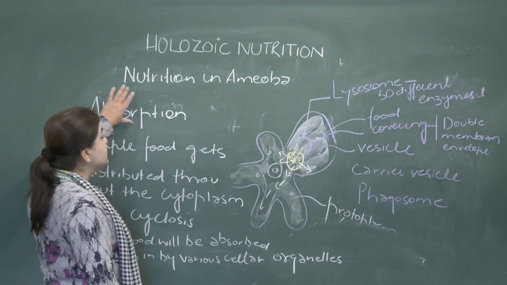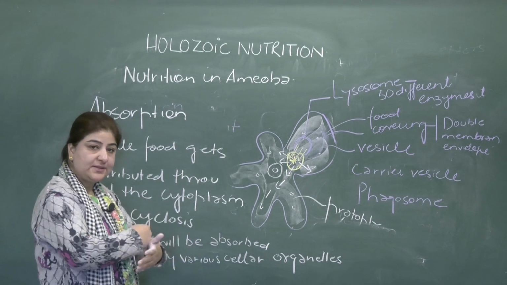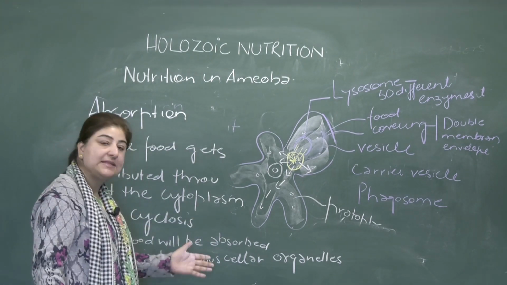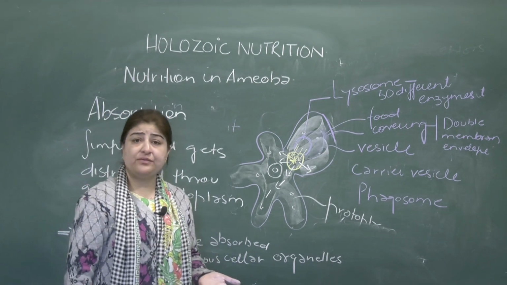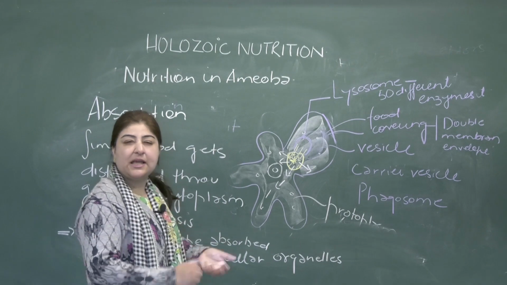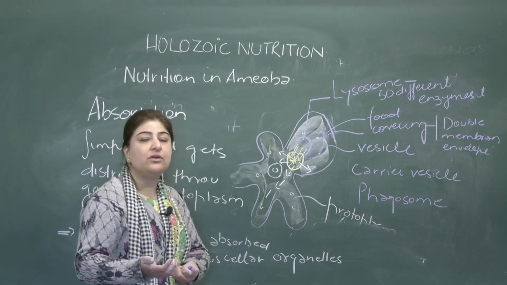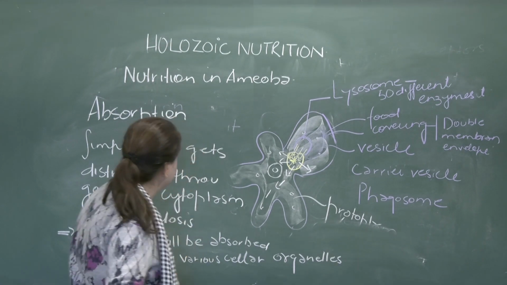All this comes under absorption. In absorption, firstly the simple food is diffused out into the cytoplasm, then it spreads throughout the cytoplasm with the help of cyclosis, and then it is absorbed by various cellular organelles for performing their biochemical activities.